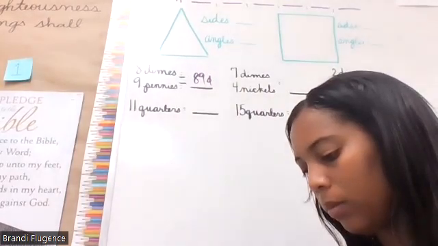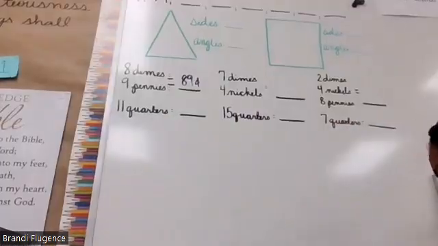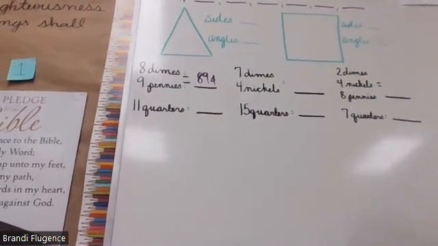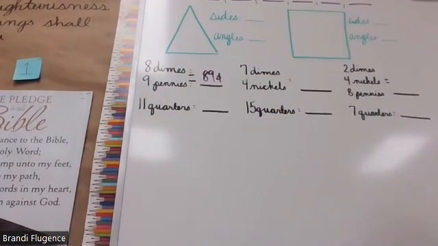Not hard. 3, 2, 4, 5, 6, 7. One, 2, 3. Yeah, of course.